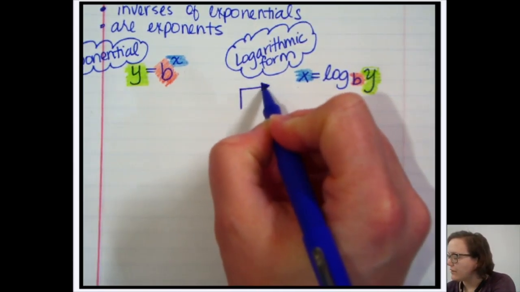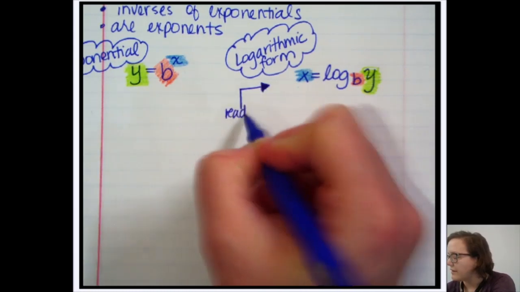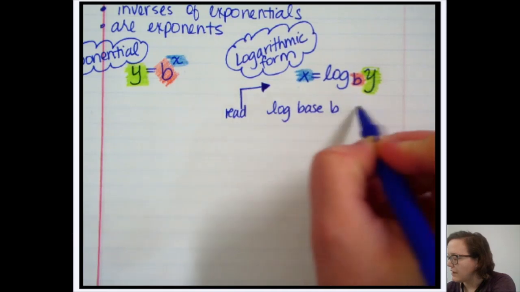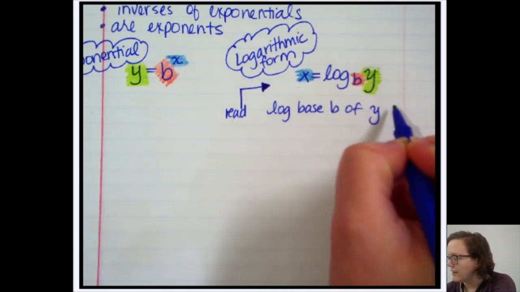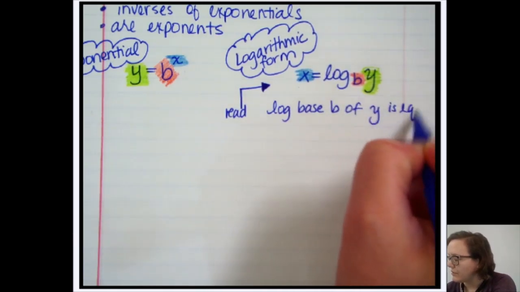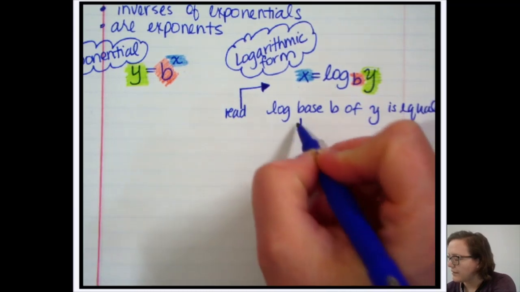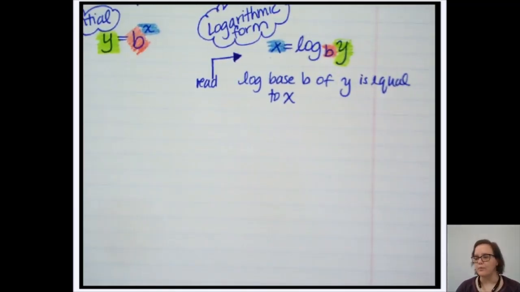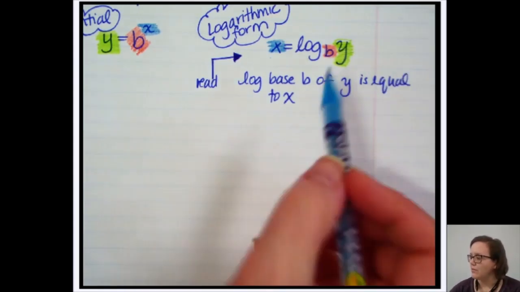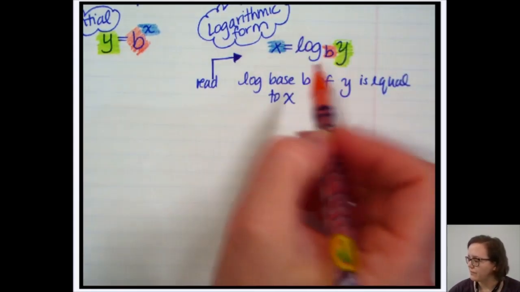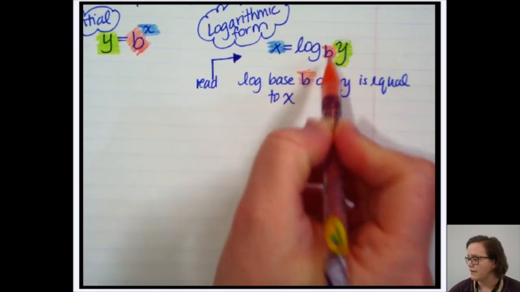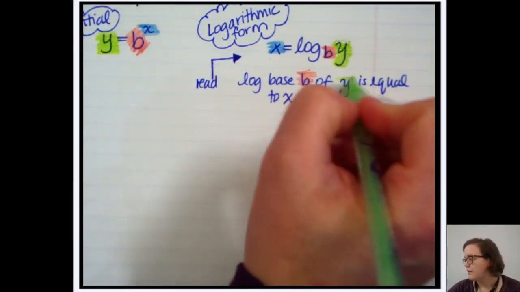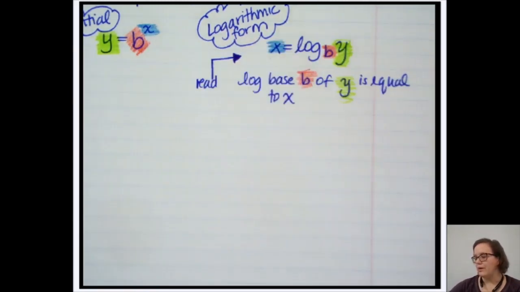One side note is this is read as log base b of y is equal to x. So when we see a logarithm, that is how we read it: log base b, that little subscript, of y is equal to x.